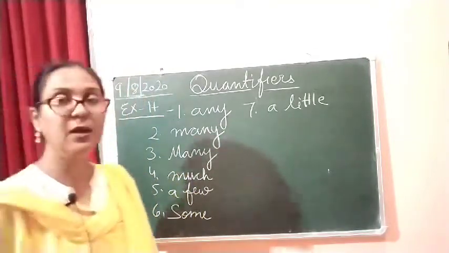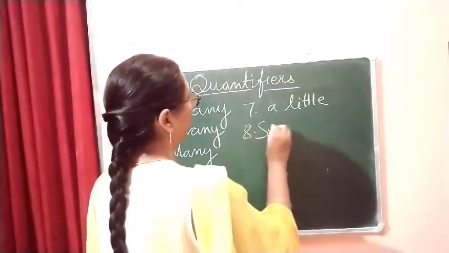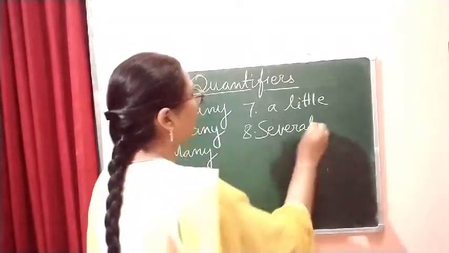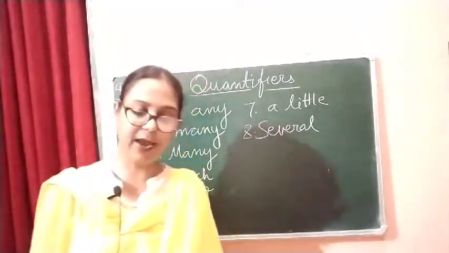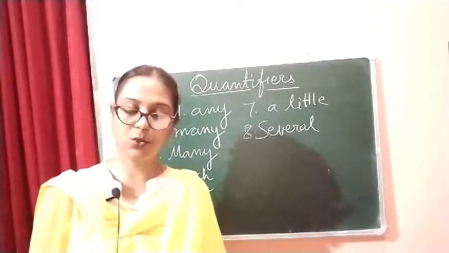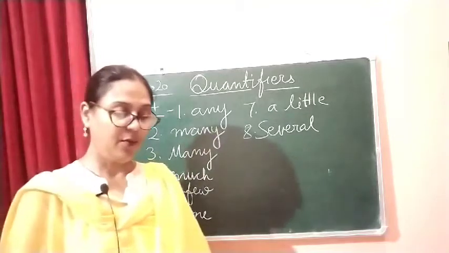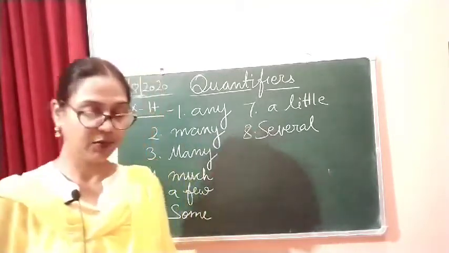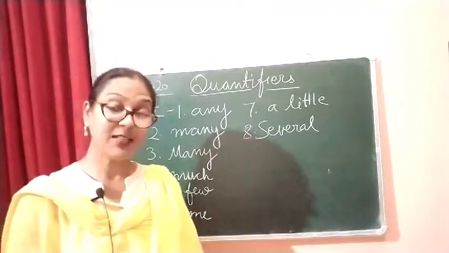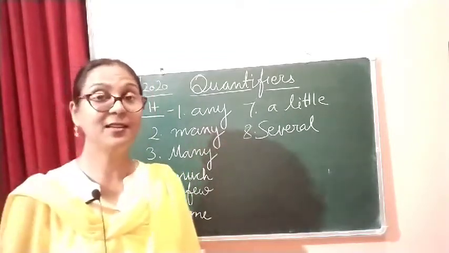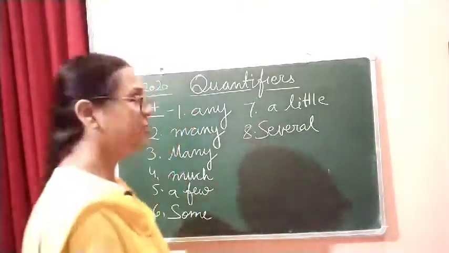Here we are supposed to use several. Several girls of my school have reached the finals in the inter-school dance competition. Now we have solved this exercise which was based on quantifiers. Now we are moving to distributive. Our next determiner is distributive. So now we are going to learn about it.